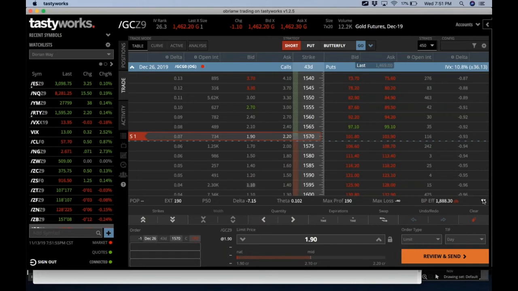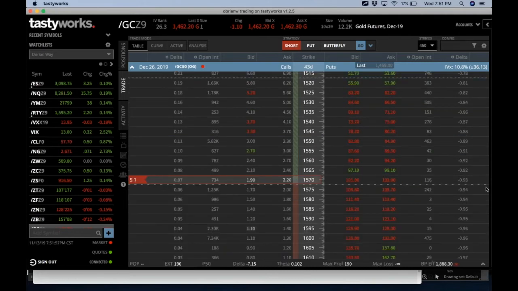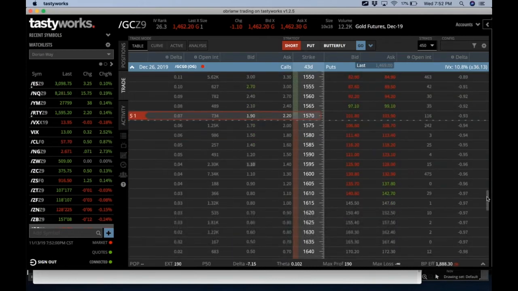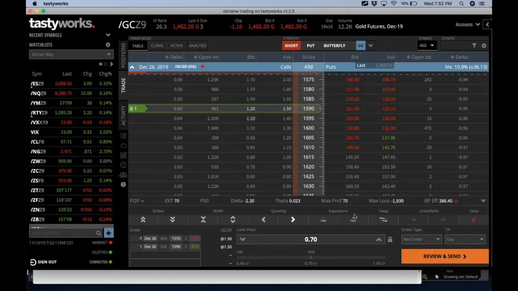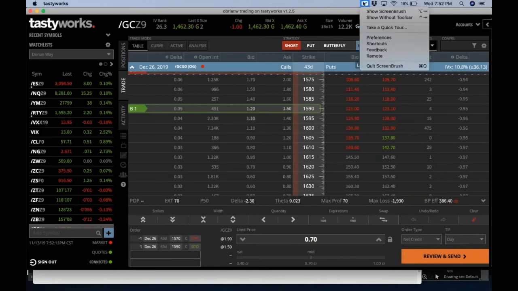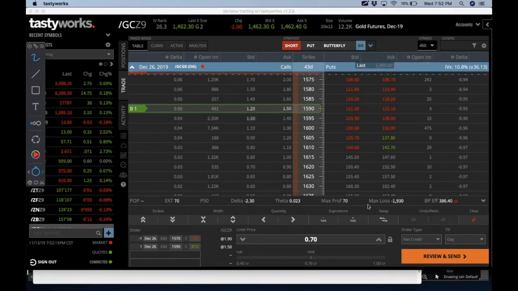So let's figure out where we're going to put the spread, right? We're looking at these different prices. Let's start off with a 20-point wide spread here. We're going to buy this one, and then look at the theoretical max loss here. All right, this is 1930, so I like that. We're only receiving $70.